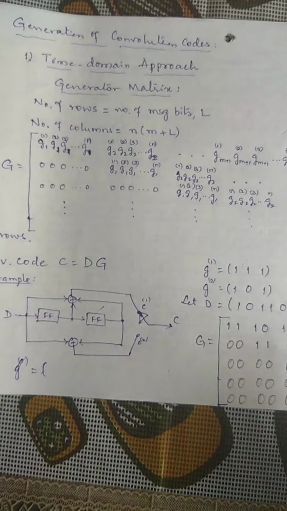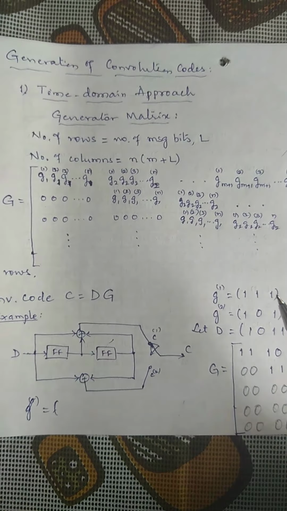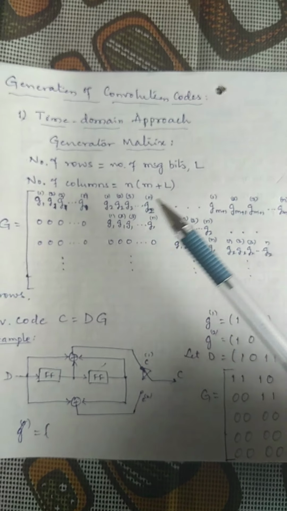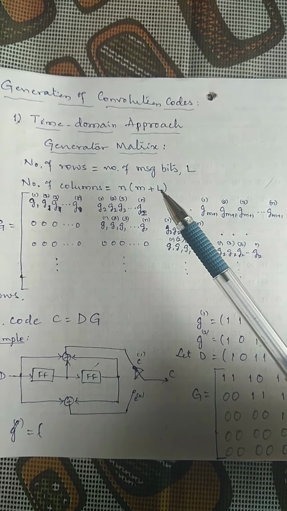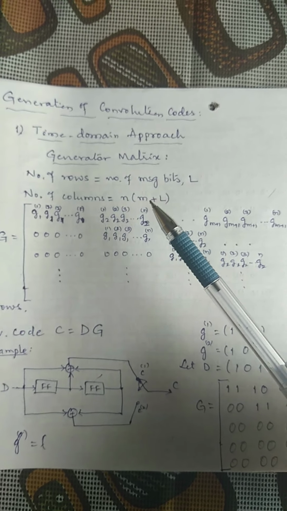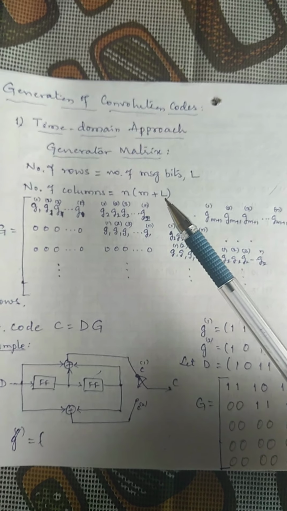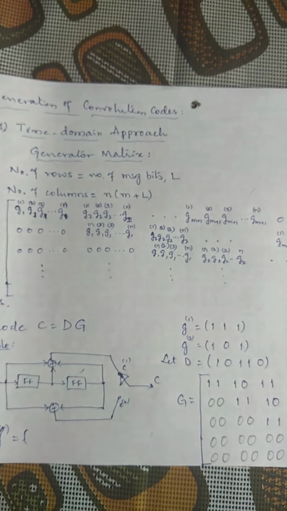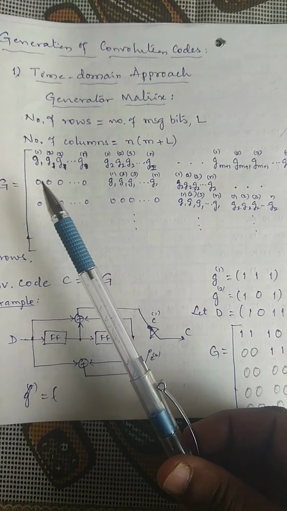In general, the generator matrix will have L rows, where L is the number of message bits, and the number of columns will be n times m plus L. So the size of the generator matrix is L cross n times m plus L. Now how are the elements of the generator matrix obtained?